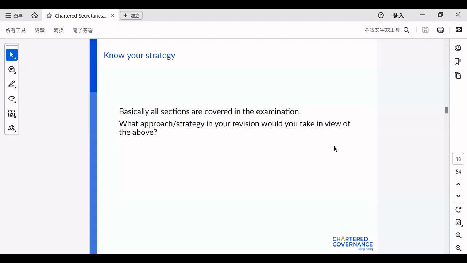And maybe another disadvantage is that if you don't know one topic, you may write too much on another topic, and that is equally not very good.